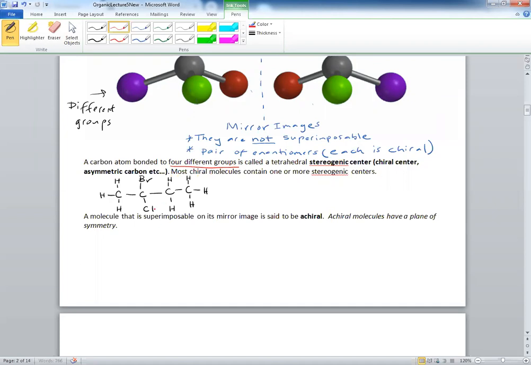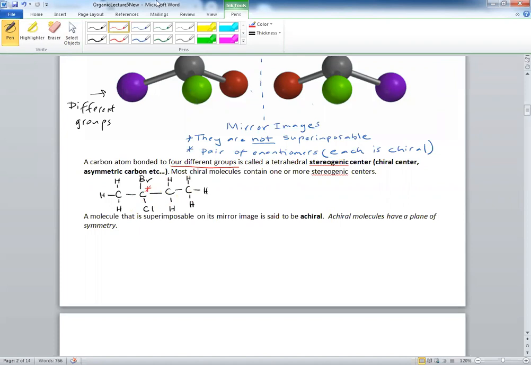So let's take a look. Look at this carbon. Does it have 4 different groups attached to it? No, it has 3 H's. Right away, you know those are not 4 different groups. This carbon? Nope, it has 2 H's, even though on the sides it has different groups. It has to be 4 different groups. Even this one. The only one that satisfies this criterion is this one right there. So we put a star next to it.